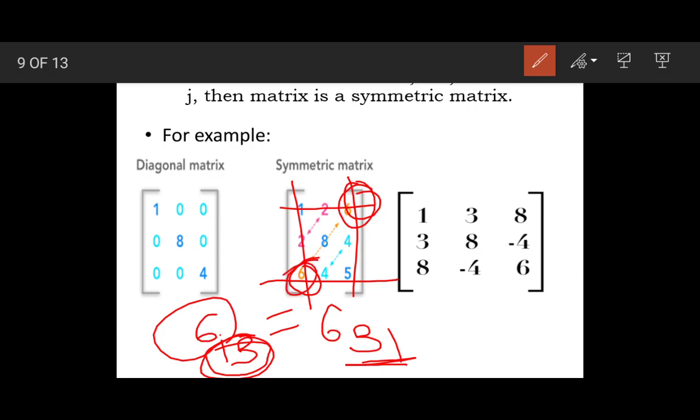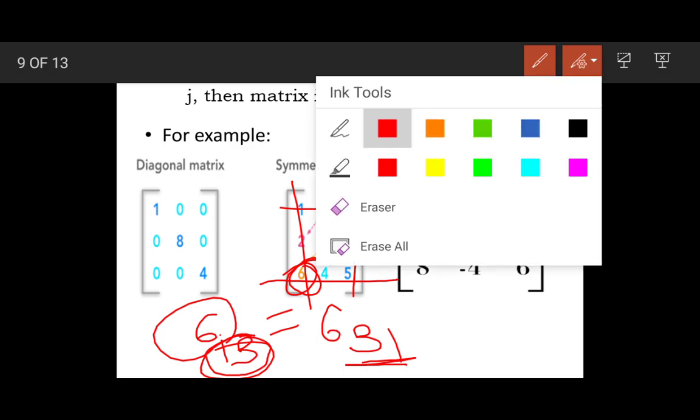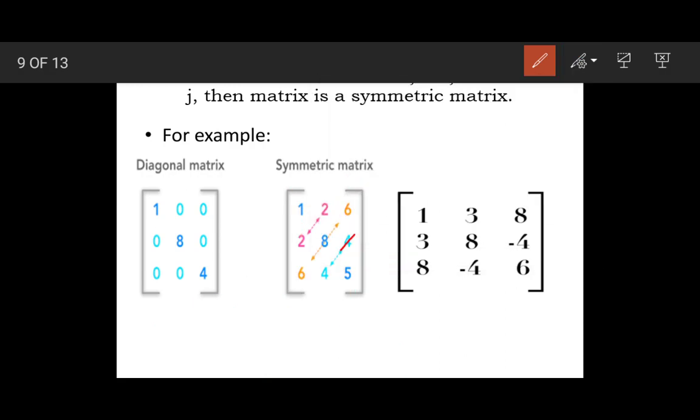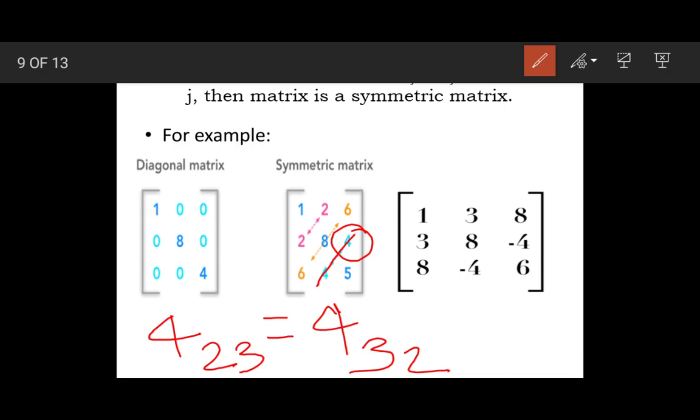So both are equal. Then next, this one, right. The position of this 4 is second row, third column. That should be equal to 3 2, which means third row, second column. Here also 4 is there.